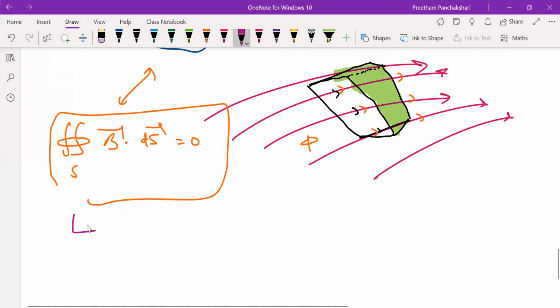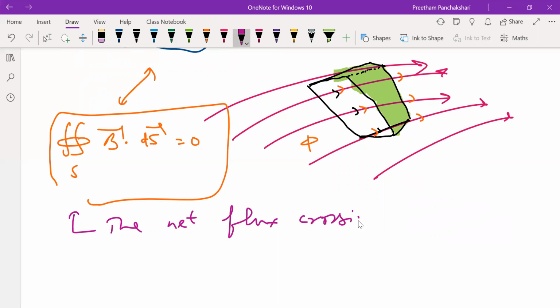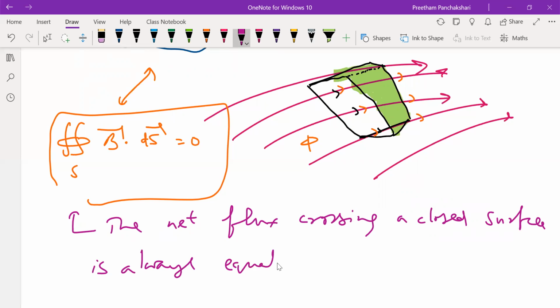I can state this equation: the net flux crossing a closed surface is always equal to 0.